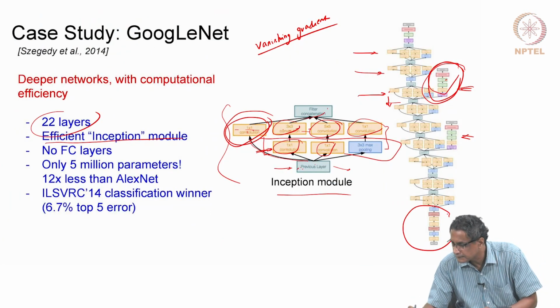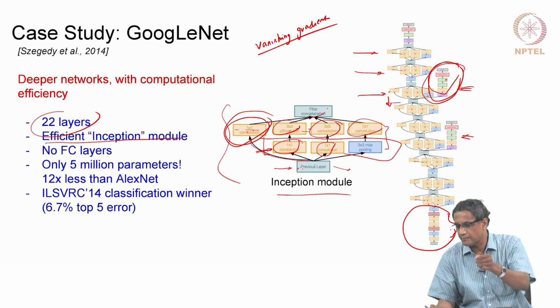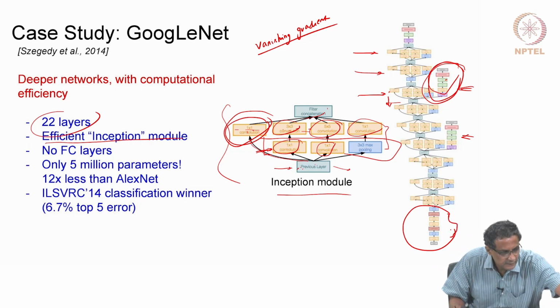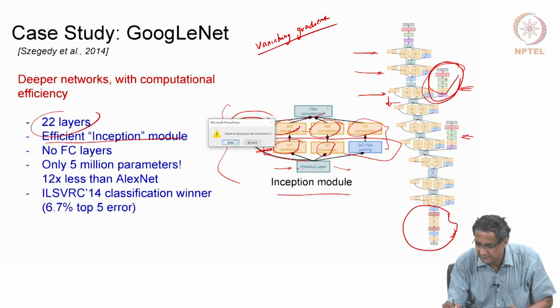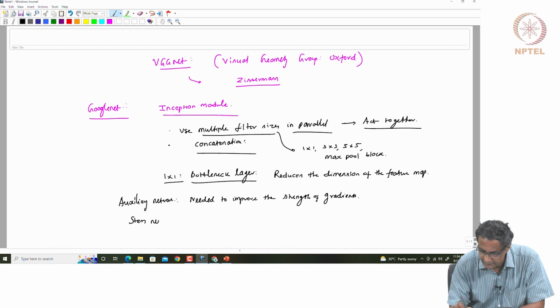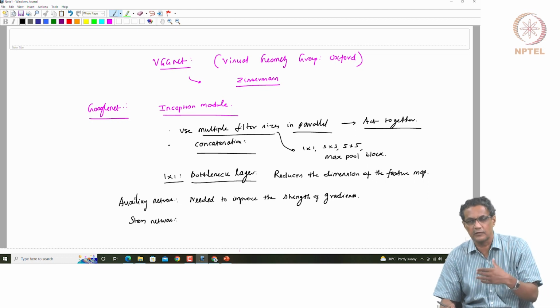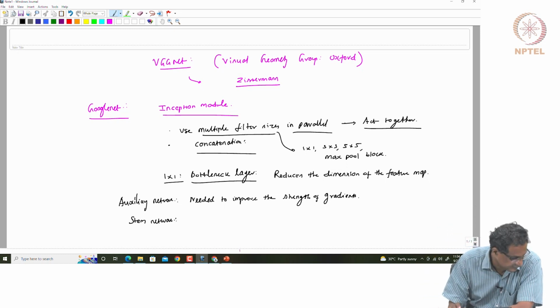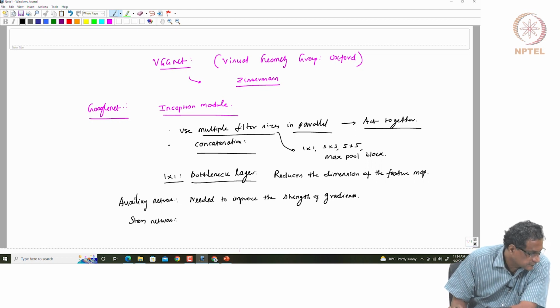So it's called literally a stem network, and that's nothing very significant. Let me see if I can blow up and show you what it has. I think it just has a conv layer, a max pool, and then a batch norm or something like that. Very simple stuff.